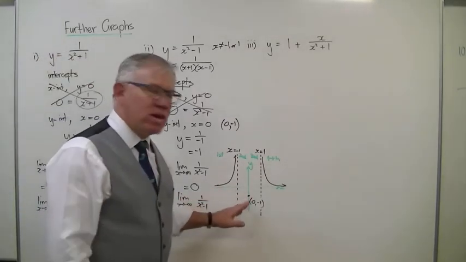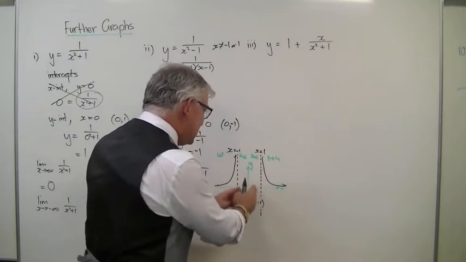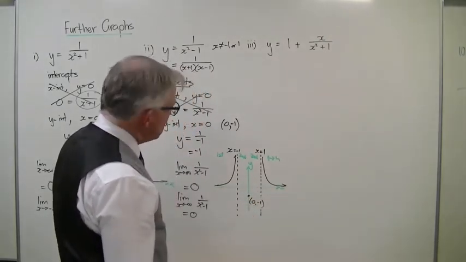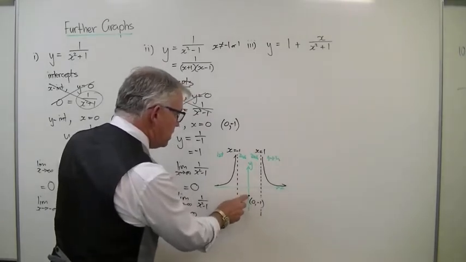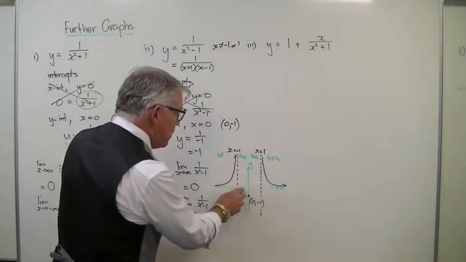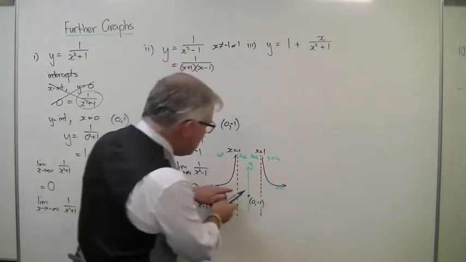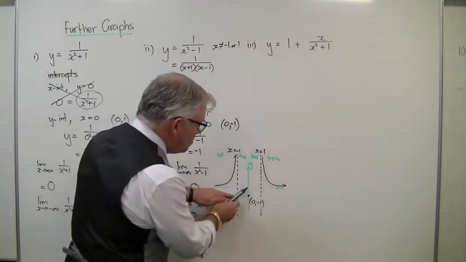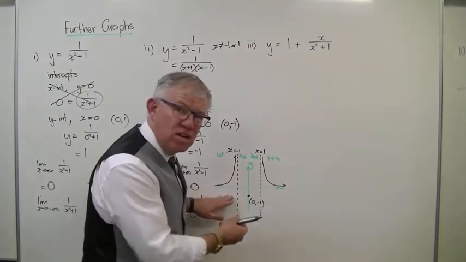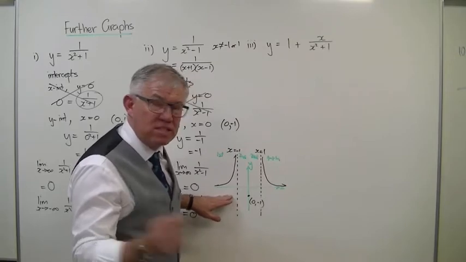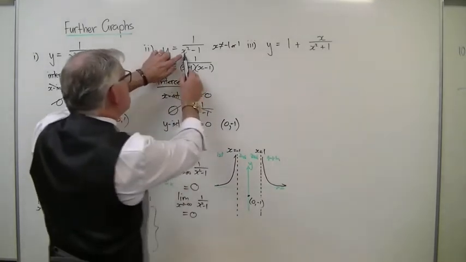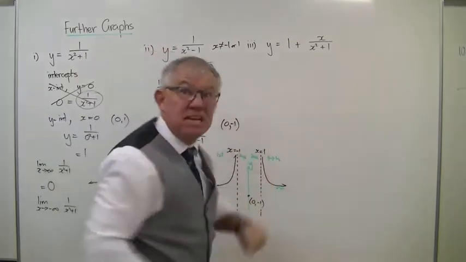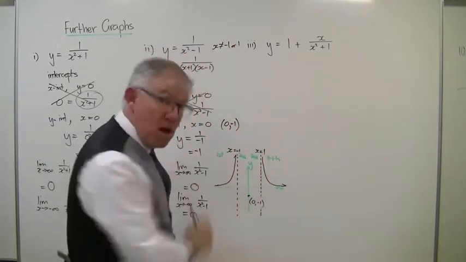Now we've got to try and sort out what's going on in these sections here. Let's try approaching a value of x coming towards 0, but from the negative side. So it'll be a very small value of x, but on the negative side. Let's say it's minus a quarter.